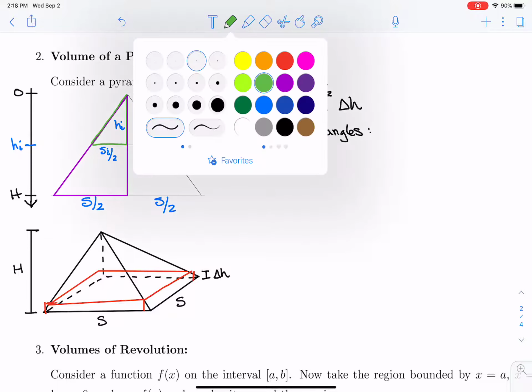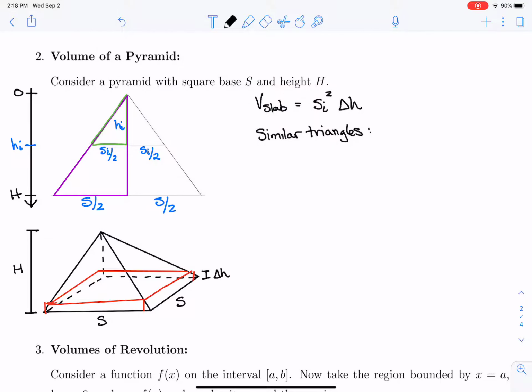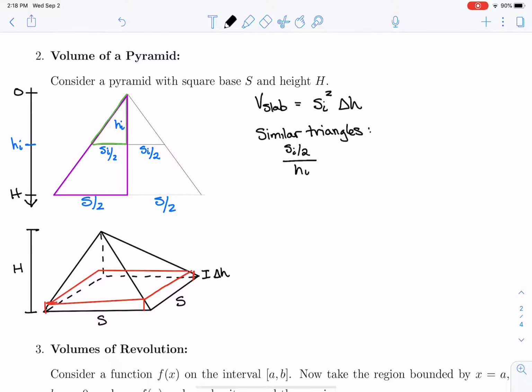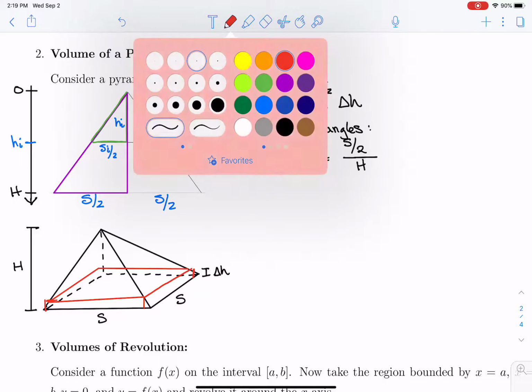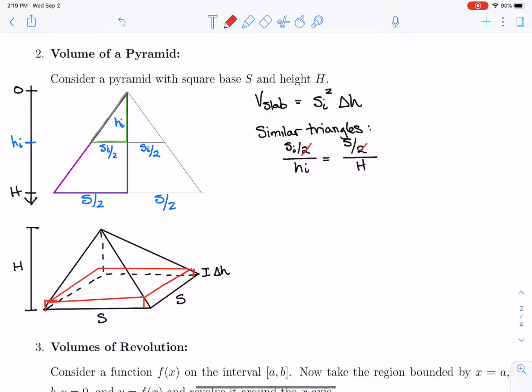So we can say that the base of the triangle, which is S sub I over 2, divided by the height of that triangle, H sub I, is equal to the purple triangle's base, S over 2, divided by capital H. Now hopefully you notice that these 2's will cancel.